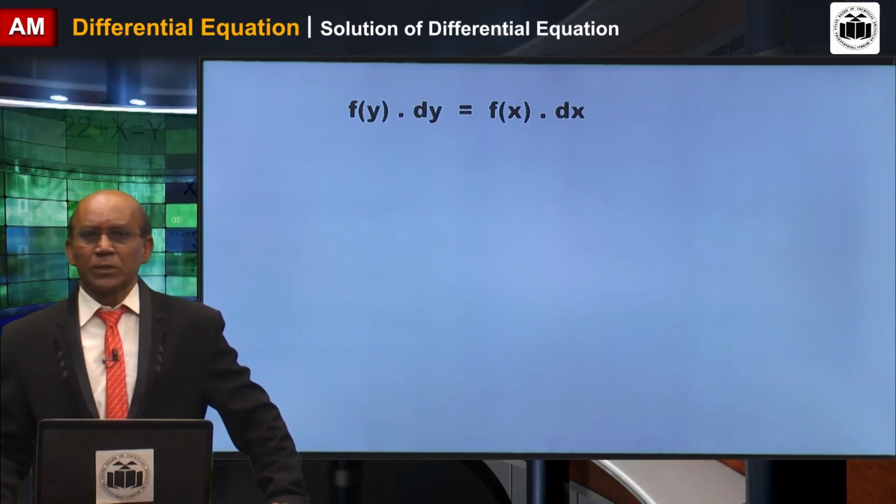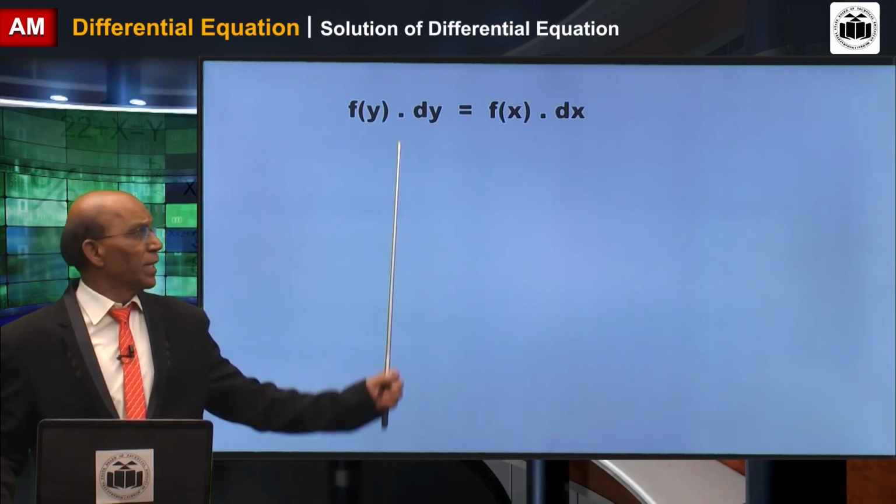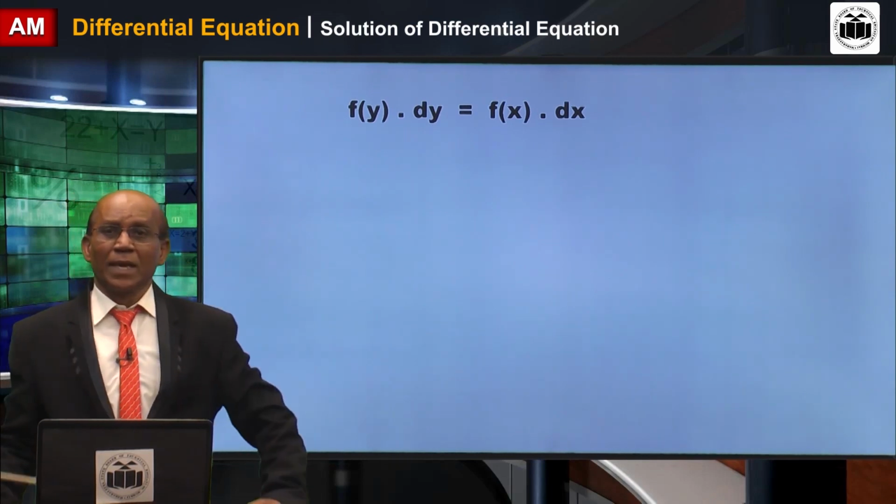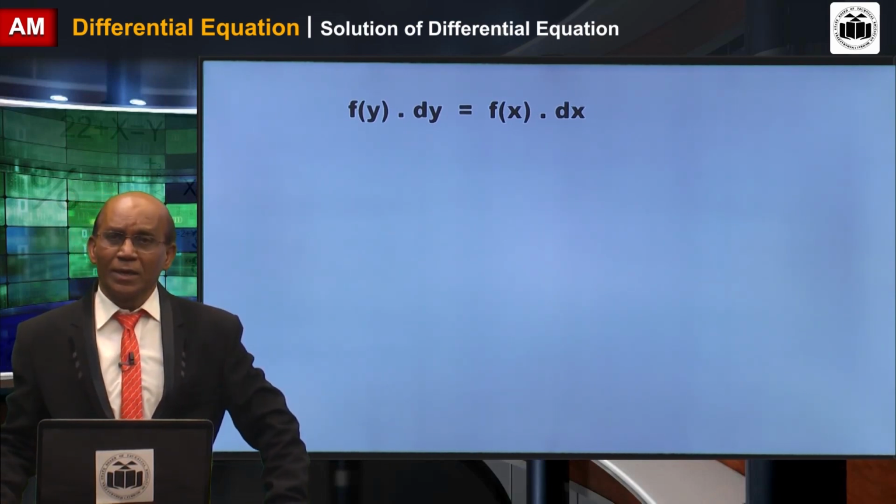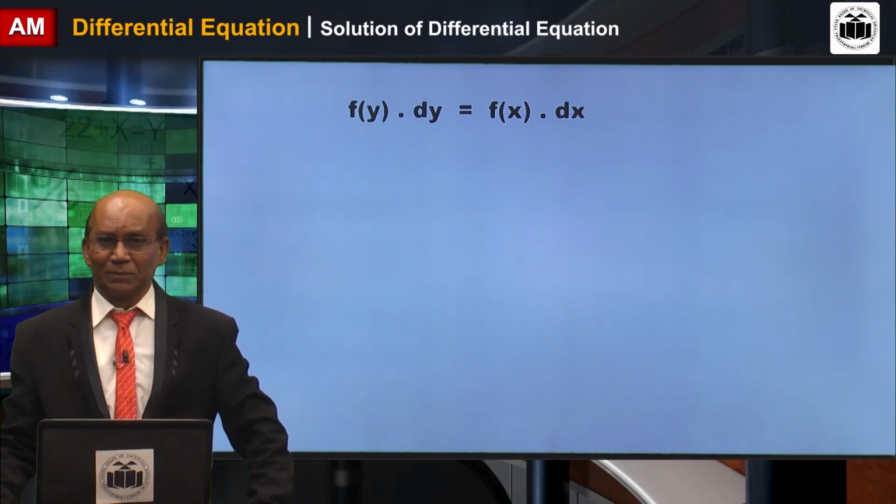Keep in mind, dear students, in this expression there are only two terms, that is f of y dy equals f of x dx.